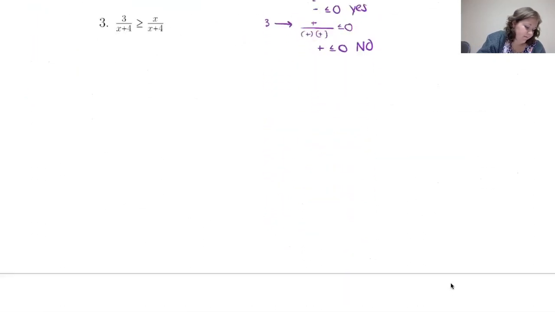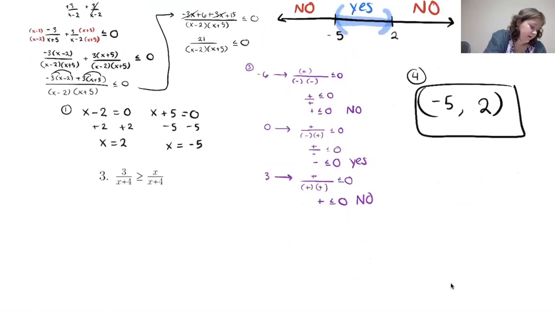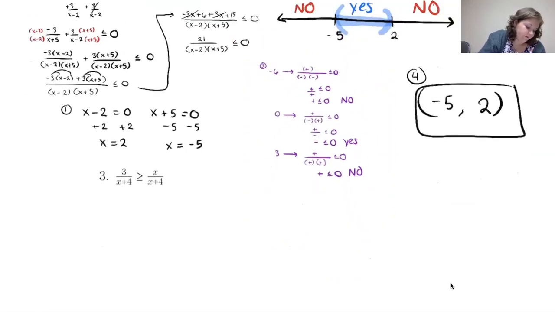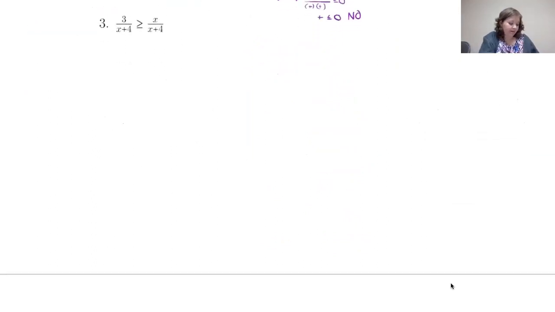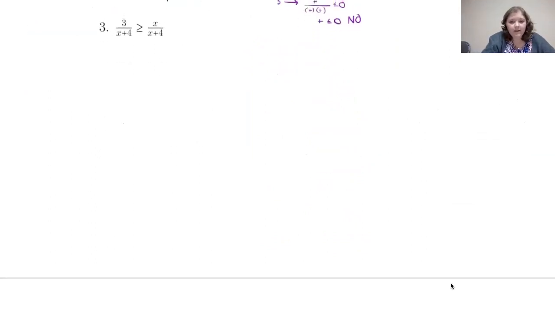Okay. So now we will go on to number 3. I'm going to make that a little smaller just so we can have number 3 all together. So number 3, we need it to be in a form where it's one fraction on one side of the inequality and 0 on the other. So let's move this fraction over to the other side. So I'm going to subtract x over x plus 4.